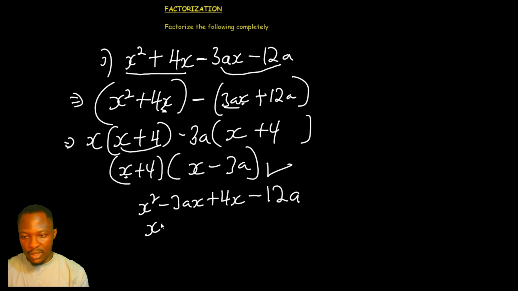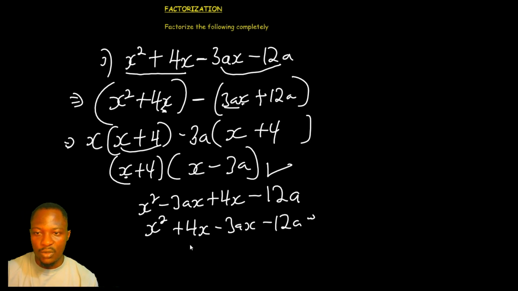Now let's rearrange: x squared plus 4x minus 3ax minus 12a. As you can see, when we expanded the bracket, we got the same original expression, which means that our answer is correct. Now let's consider the fourth one.